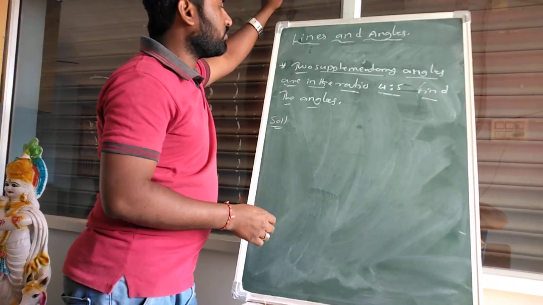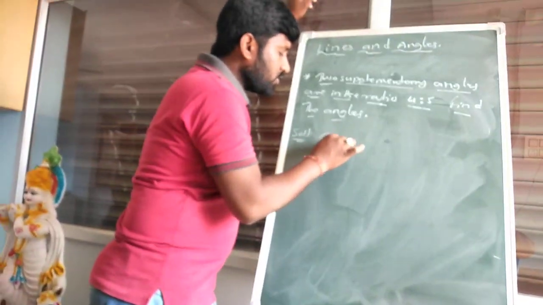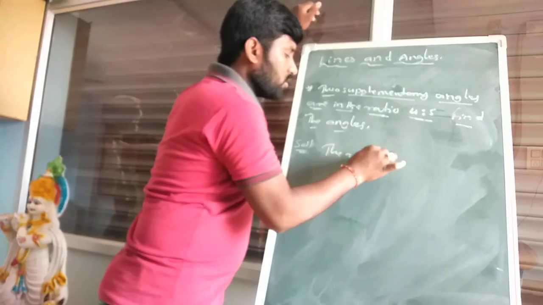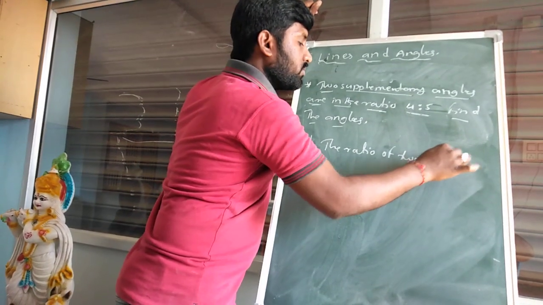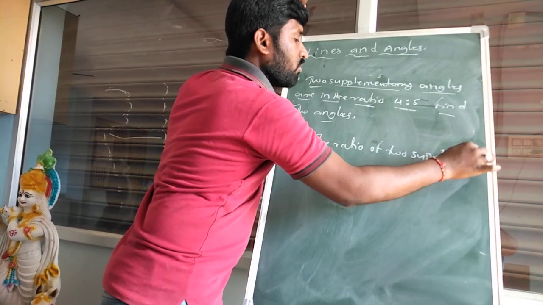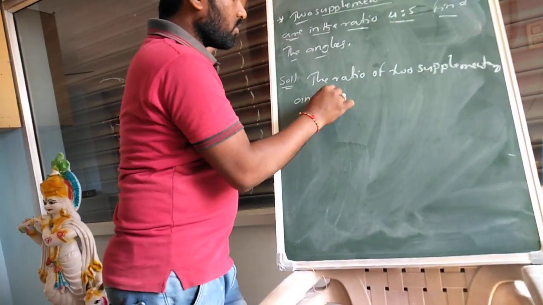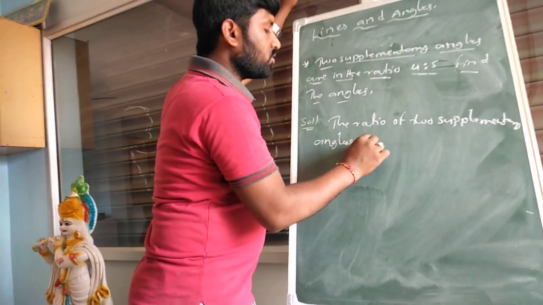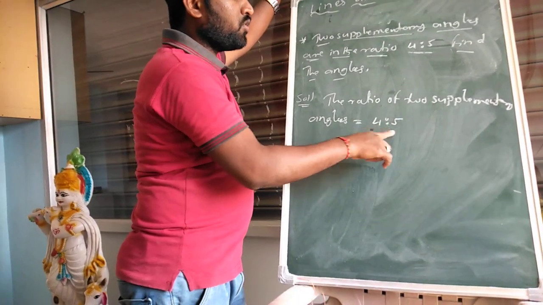The ratio of two supplementary angles is 4:5.